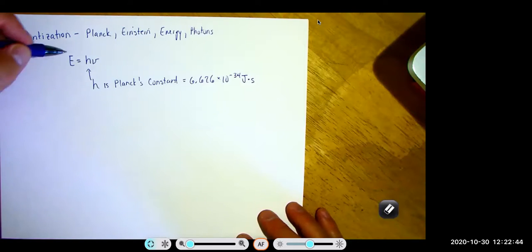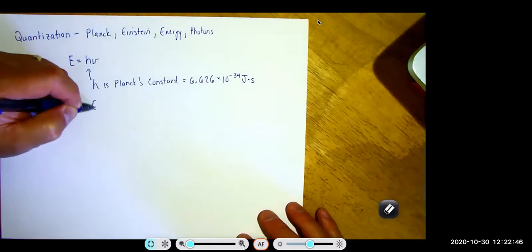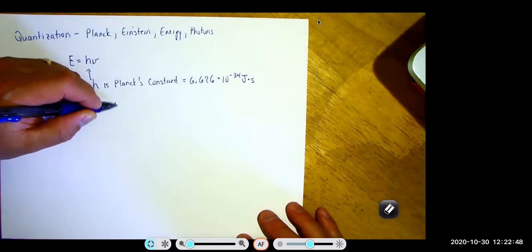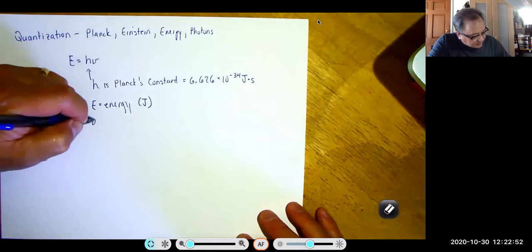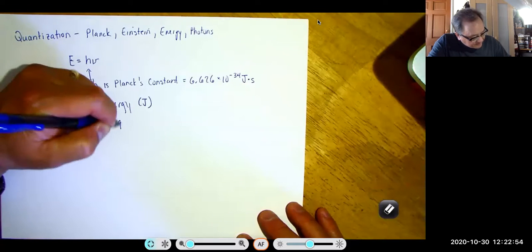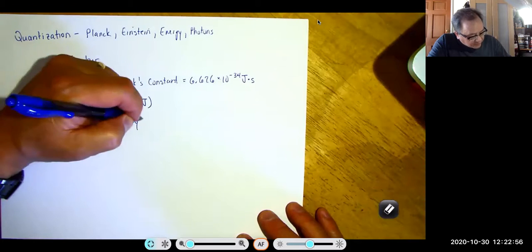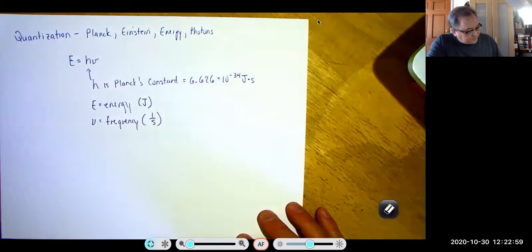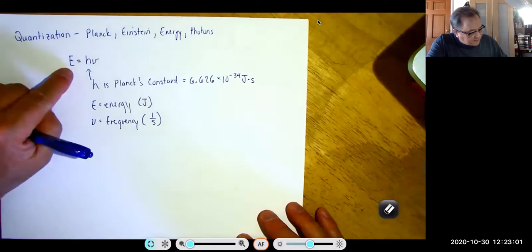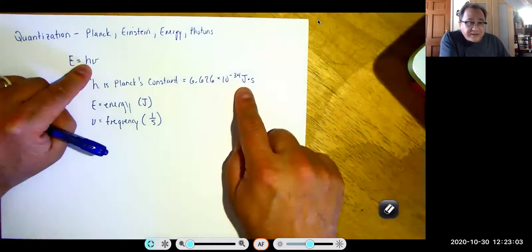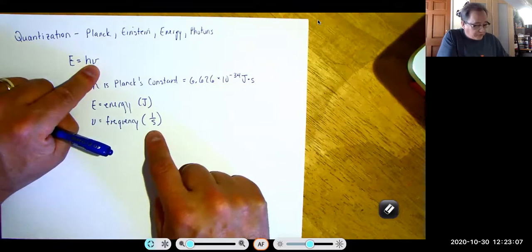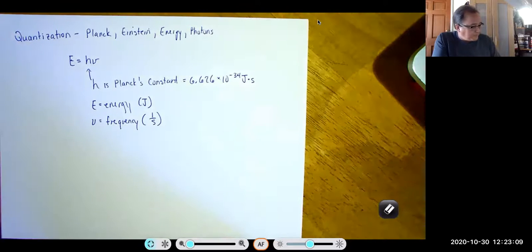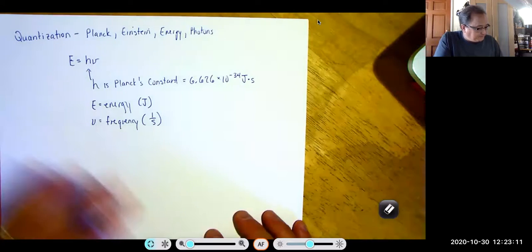And this is energy, and the units will be joules. And of course, nu is frequency, and the units are 1/second. So if you have h being joules times seconds times frequency 1/second, you'll end up getting joules for energy. So this is Planck's equation.